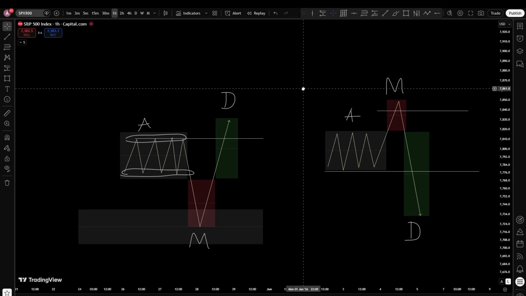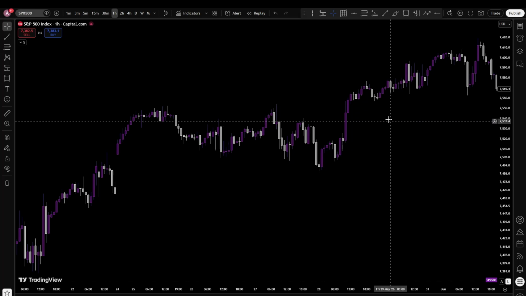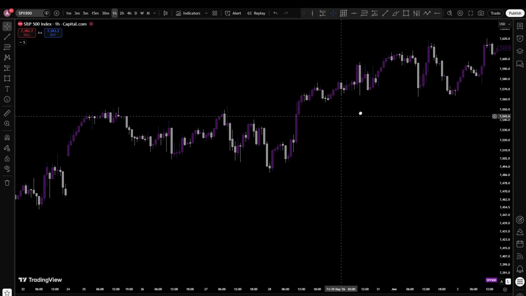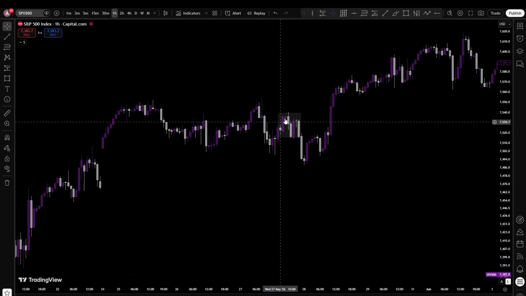Now I'll show you some examples on the real markets. We are here on the 1 hour time frame. You can see a lot of AMD models, but I marked this one here. We have the accumulation, the range phase. The price went up, down.